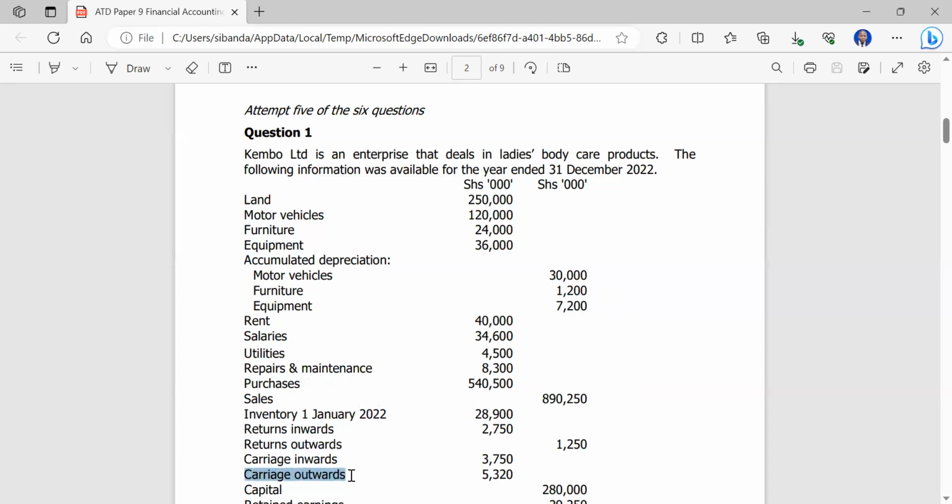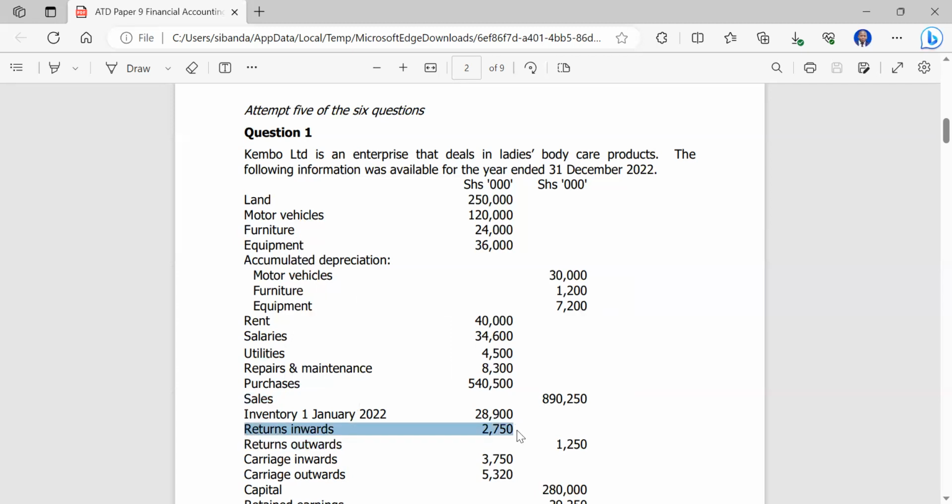And the carriage outwards, these ones are included under our operating expenses. As you can see, these carriage outwards in one way or the other relate to sales, but they are never an adjustment on our sales. In this case, we shall only adjust our sales with the return inwards.